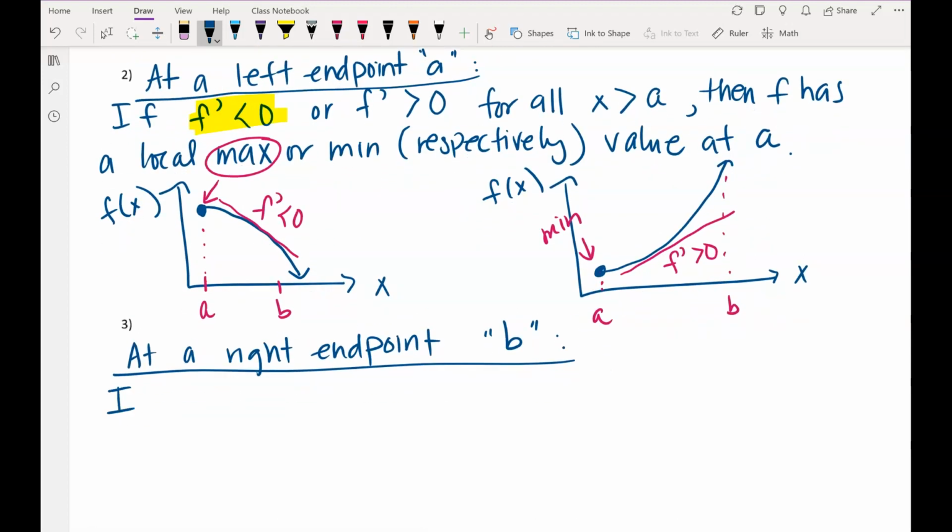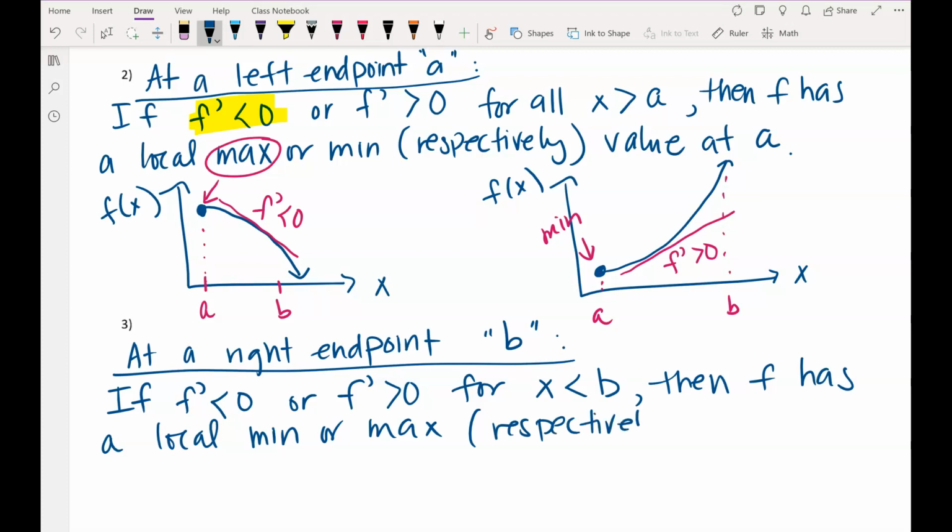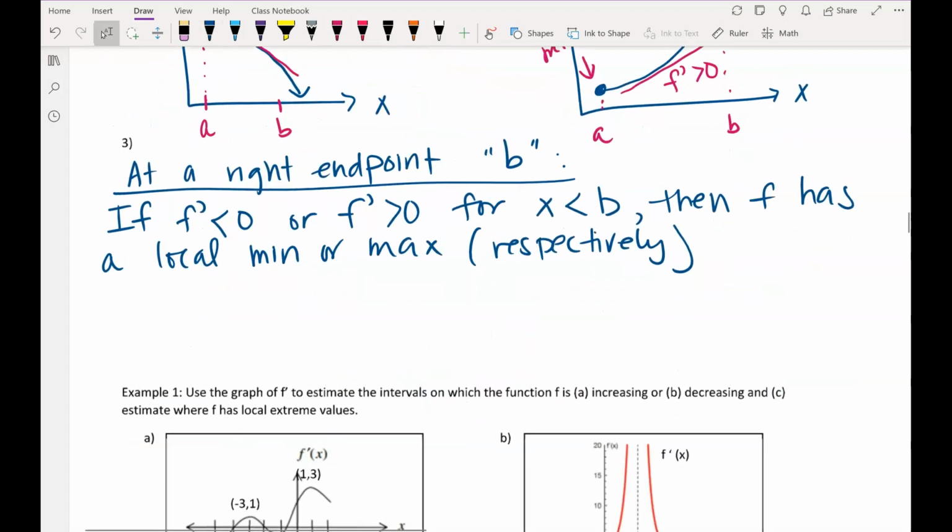So if f prime is less than 0 or f prime is bigger than 0 for x less than b, then f has a local min or max respectively value at B.